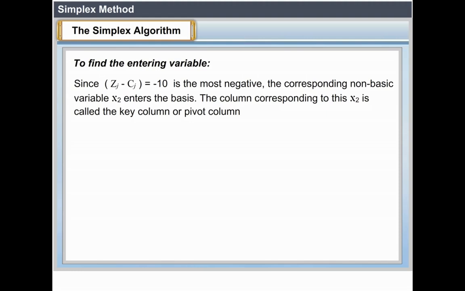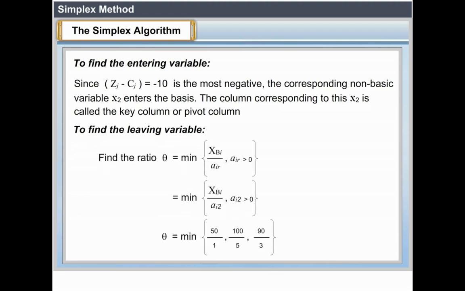The column corresponding to x2 is called the key column or pivot column. To find the leaving variable, find the ratio theta equal to minimum of xbi divided by ai2, where ai2 greater than 0.